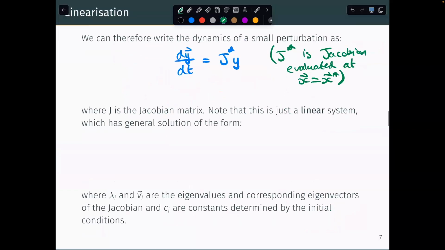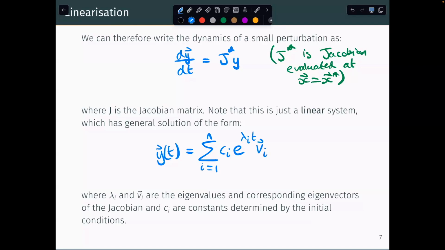So this is nice because this is now a linear system. And we can write down the general solution of a linear system: y of t is just going to be the sum of n different terms, i equals 1 to n, of some constants, which I'll call c_i, times the exponential of lambda_i times t, times vectors v_i.